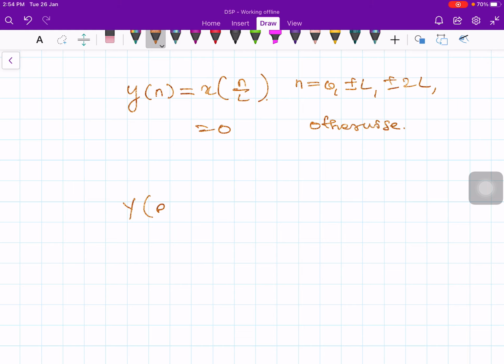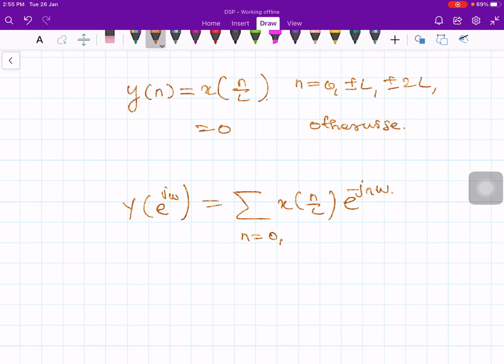y of e to the j omega is equal to the summation of x of n by L e to the minus j n omega, where n will be restricted to not 0, 1, 2, 3.